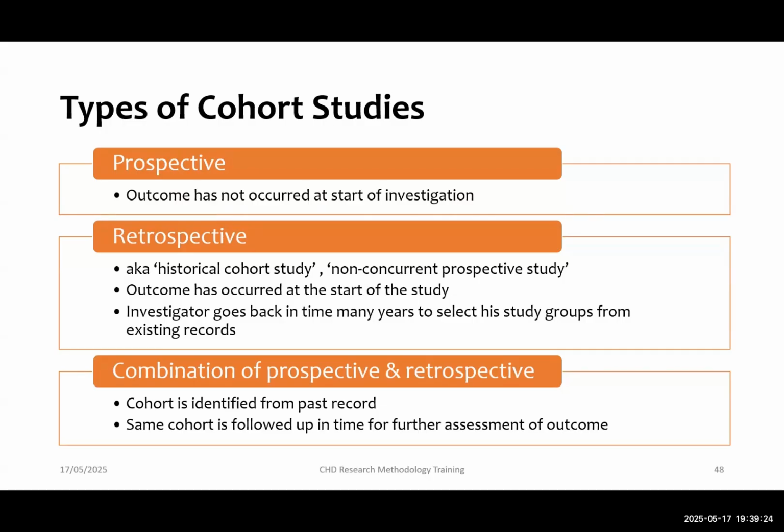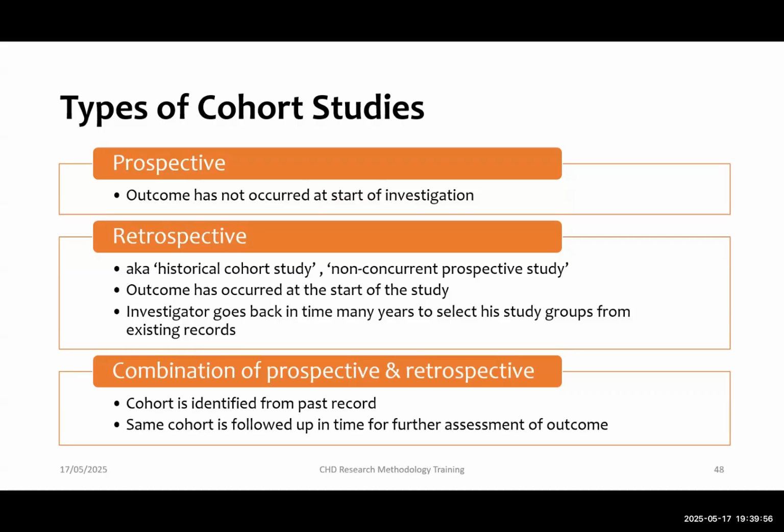If you follow their records and come down to where we are now, you'll be able to get the incidence of those who have CVD or colorectal cancer among those who were obese, and among those who were lean. When you calculate the incidence, you use that to get your relative risk.